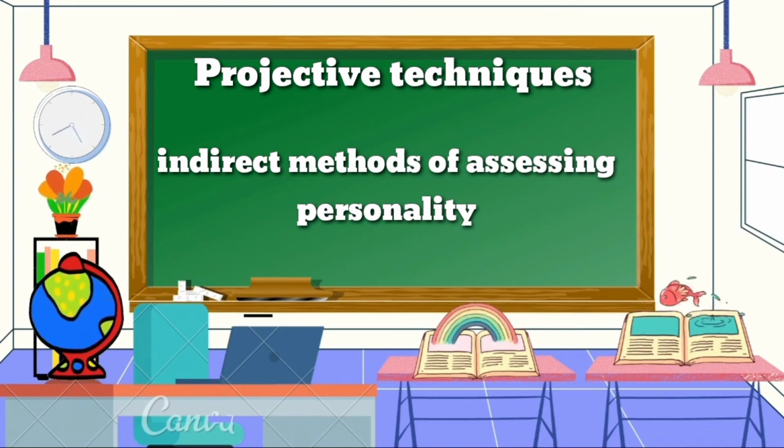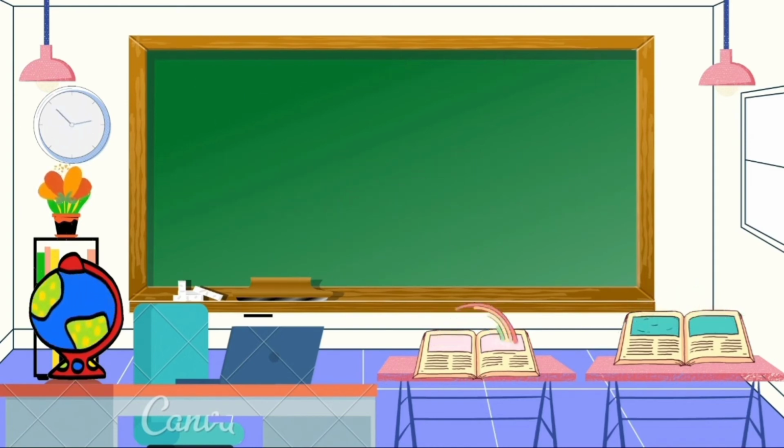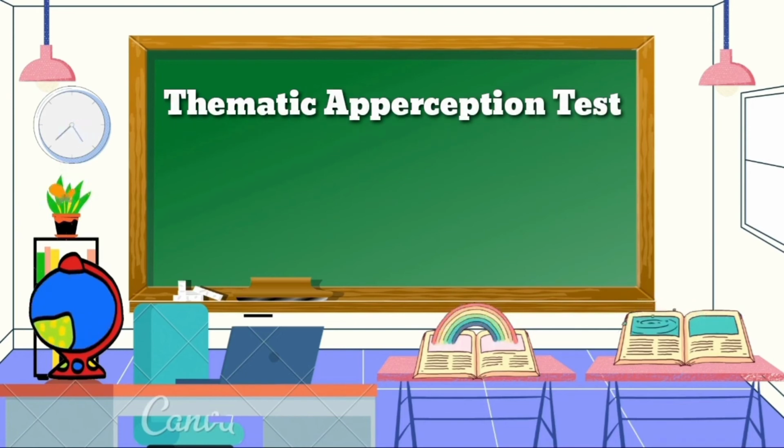It means that there is a tool that is being used in assessing the personality of an individual. One example of this is the Thematic Apperception Test, wherein the individual tells a story about his life based on the theme he perceived about a standardized picture.